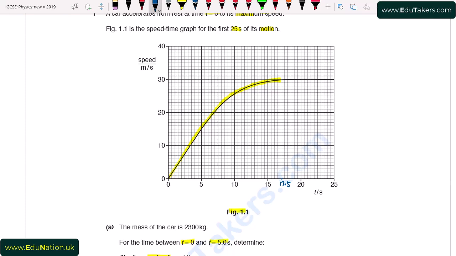So in this section the car is accelerating, while from 17.5 seconds to 25 seconds, it is a constant line that is parallel to the time axis. So this portion is for the constant speed, I write here it's a constant speed, and this is for increasing speed.